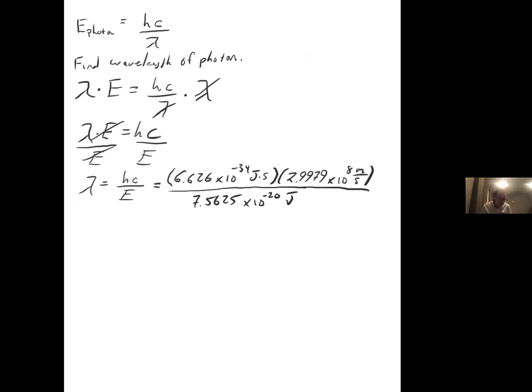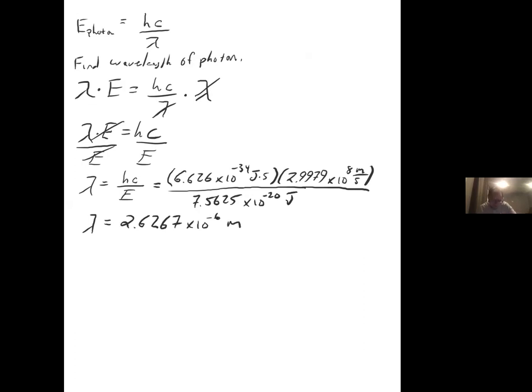6.626 times 10 to the minus 34 times 2.9979 times 10 to the 8th divided by 7.5625 times 10 to the minus 20. And you get lambda equals 2.6267 times 10 to the minus 6 meters.